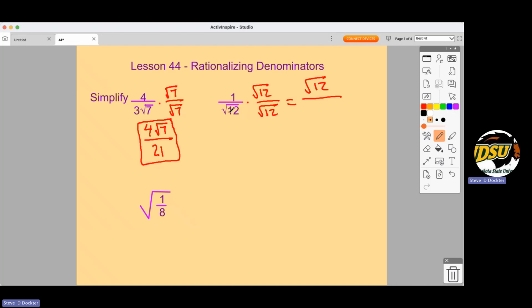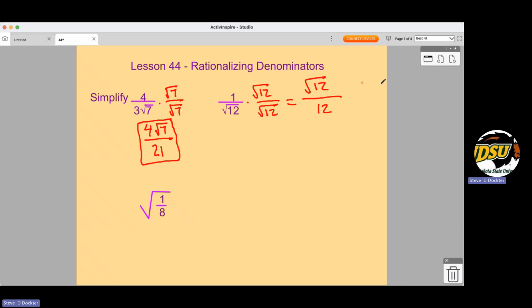And then on the bottom, square root of 12 times square root of 12 is square root of 144, which is 12. Now, as always, with any fraction, we have to check and see if we can simplify. Over here, we couldn't simplify anything. Now here, we can't simplify top and bottom right now because this is under the square root sign and this is not. But our square root of 12, we can simplify.